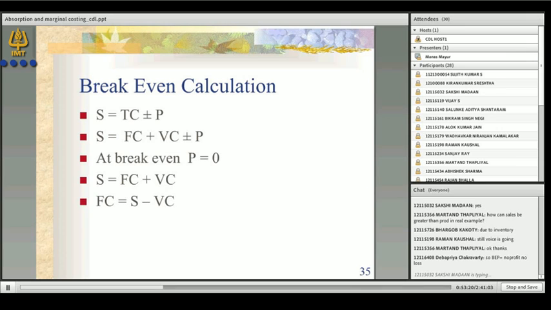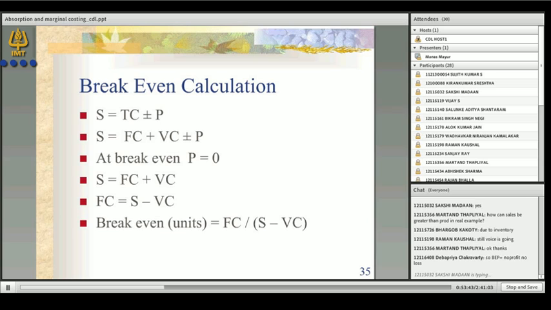Now if you take sales to right hand side, so your fixed cost will become equal to sales minus variable cost. And if you want to calculate break even in units, I have taken fixed cost to the right hand side, sales minus variable cost to left hand side. So it has become fixed cost divided by sales minus variable cost.